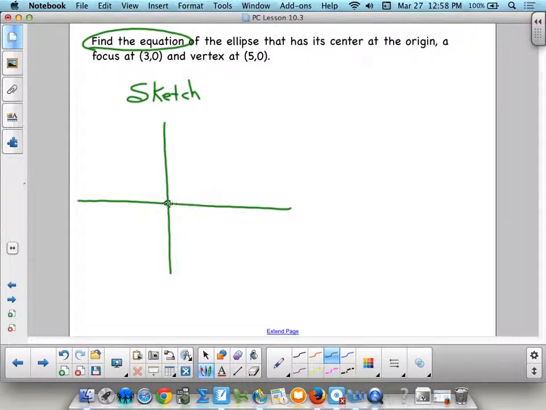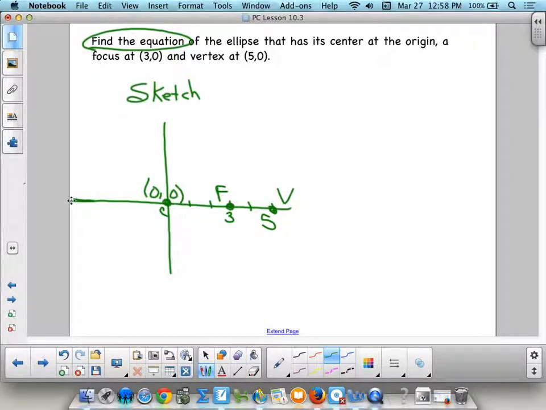Center at the origin. Okay. Focus at 3, 0. And vertex at 5, 0. Okay. Focus, vertex, center. Does that tell you anything about the other side?